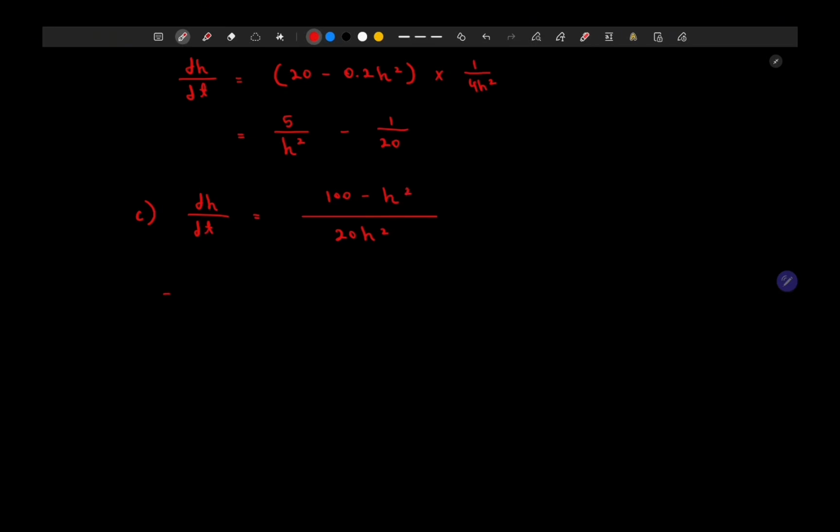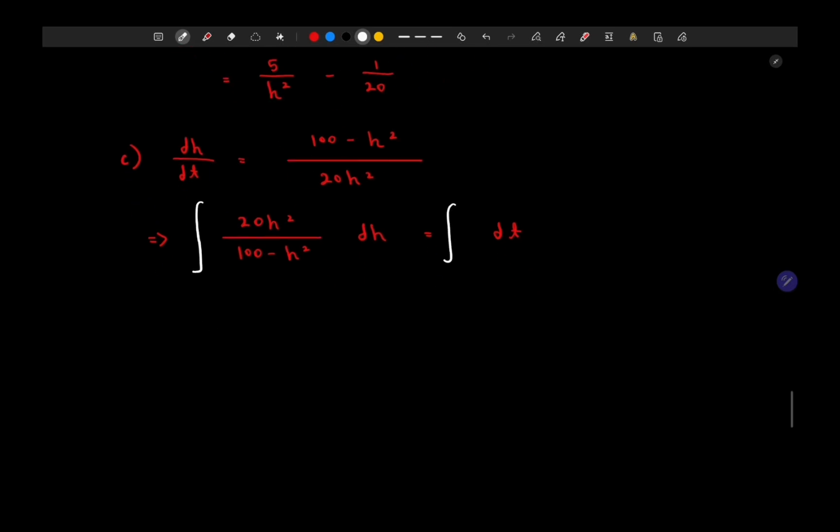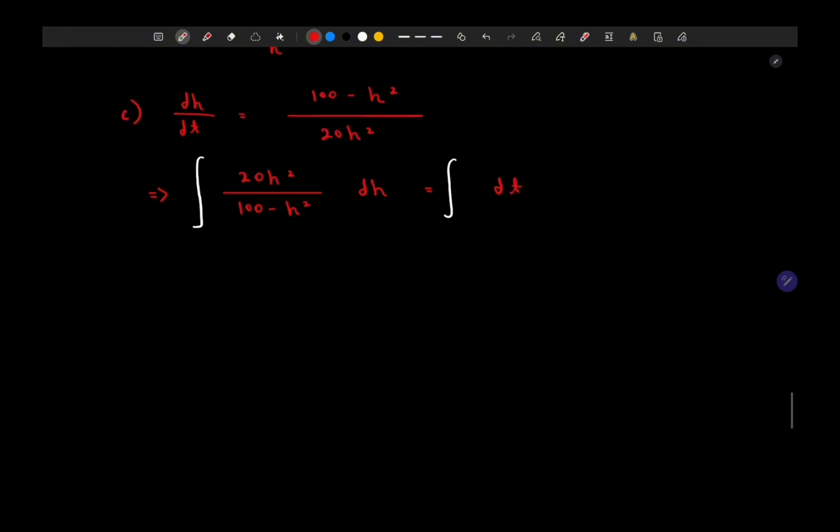First of all, we need to separate the variables. We can write this as 20h squared divided by 100 minus h squared dh is equal to dt. And then we need to put an integral sign on both sides of the equation.